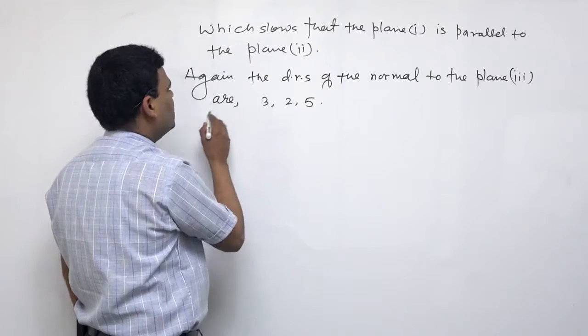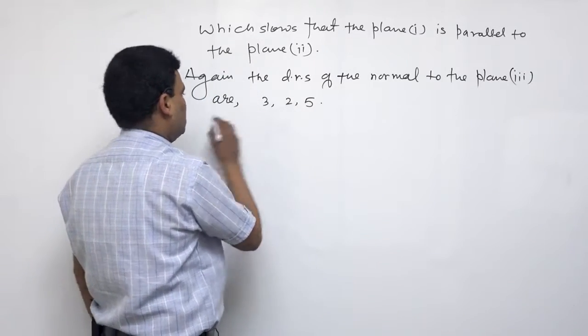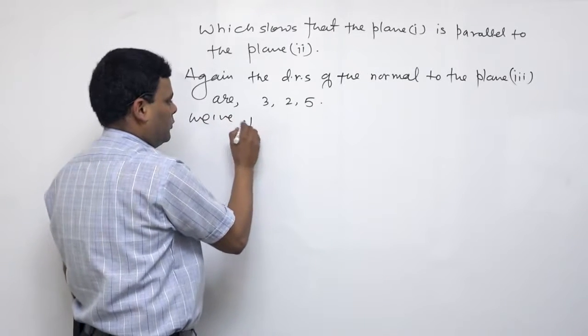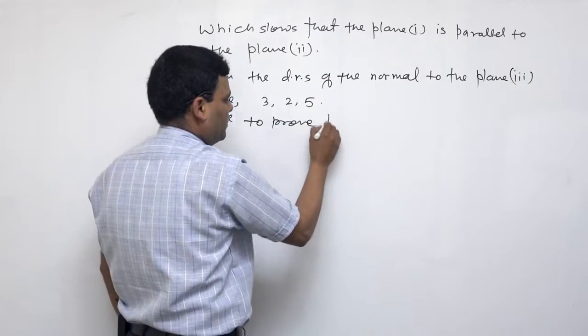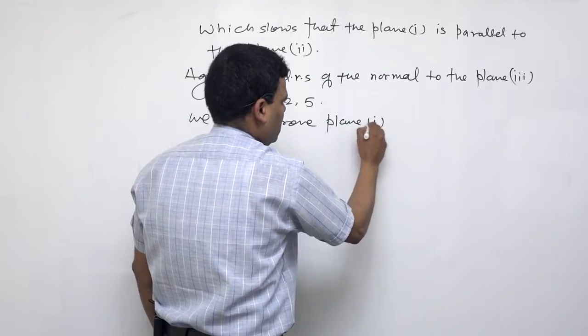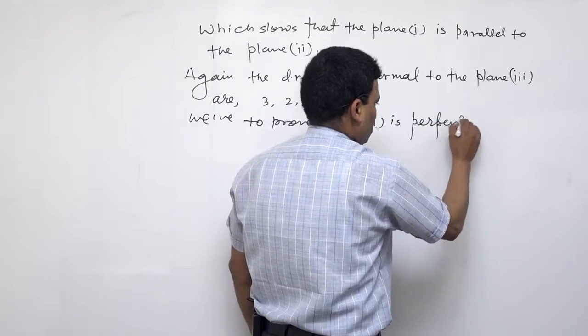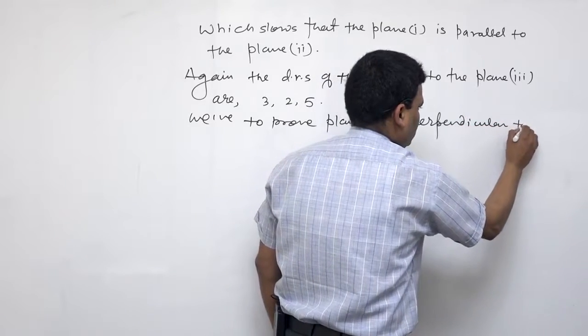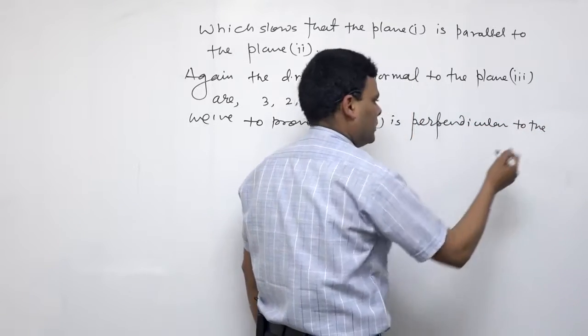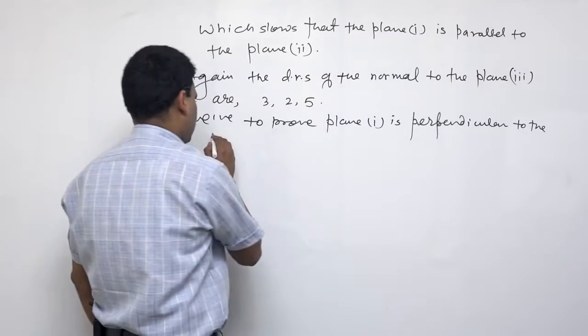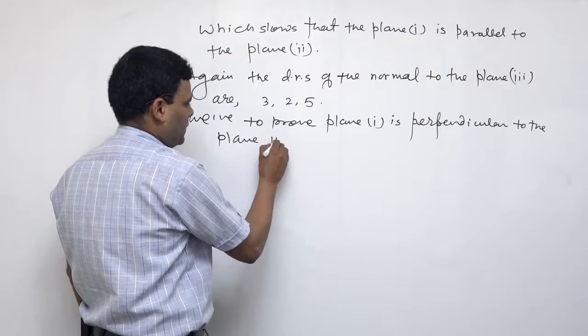We have to prove plane 1 is perpendicular to the plane 3.